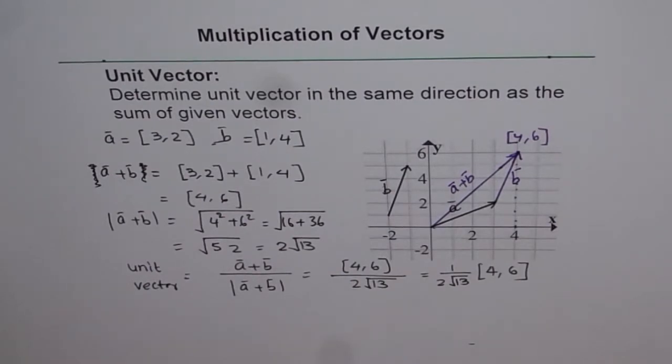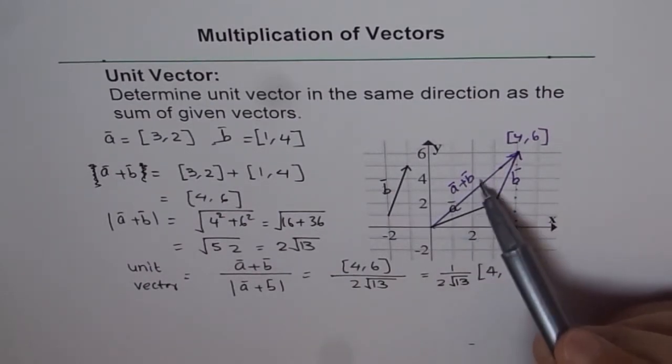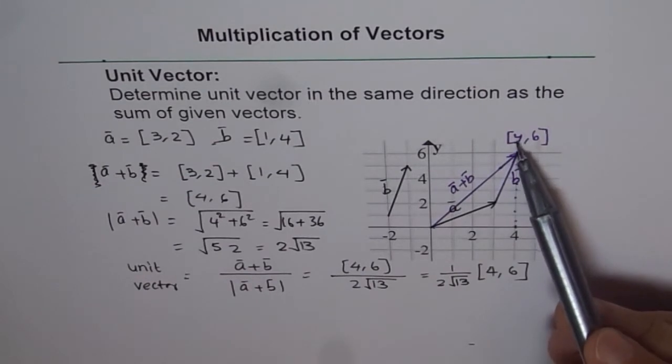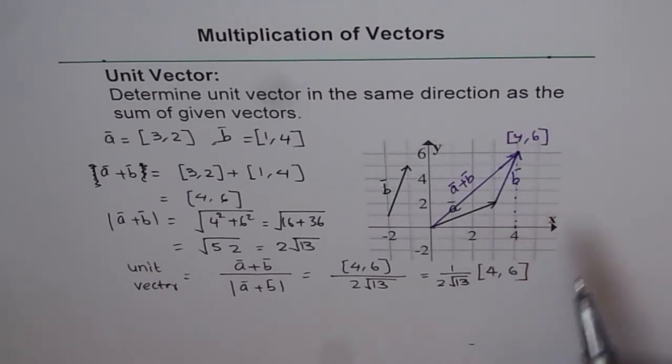Then do what I did, right? Vector A plus B can be defined within square brackets as [4, 6], and you can get your answer. So even if you have not done vector algebra, you can still answer this question using geometric vectors, correct? I hope you appreciate it. Thanks and all the best.